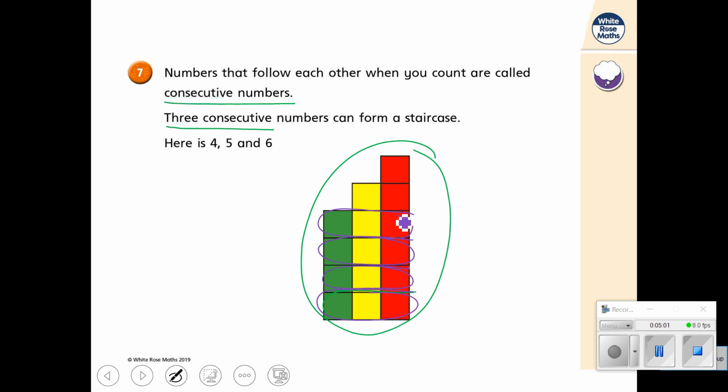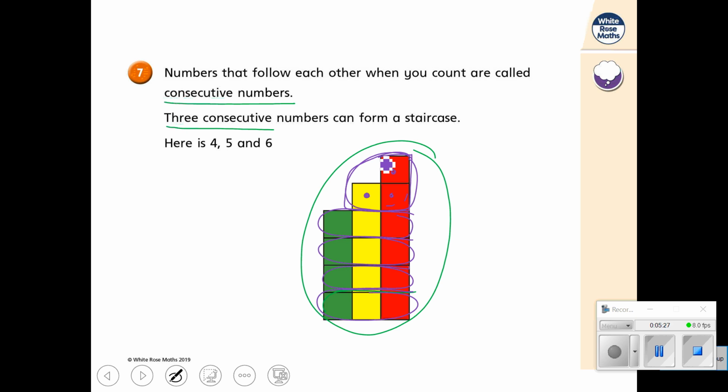And then right at the top of our staircase, we are always going to have a set of 3 stairs. So if we've always got 3 left over at the top like this, then it must always be divisible by 3. I hope you understand that.